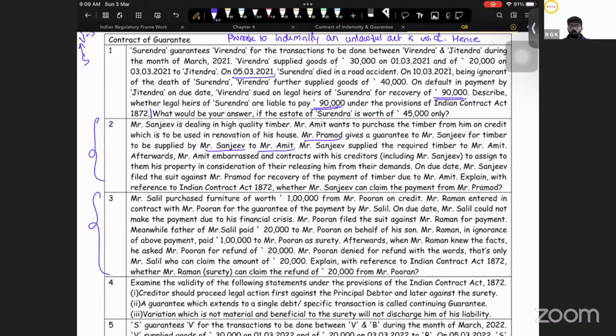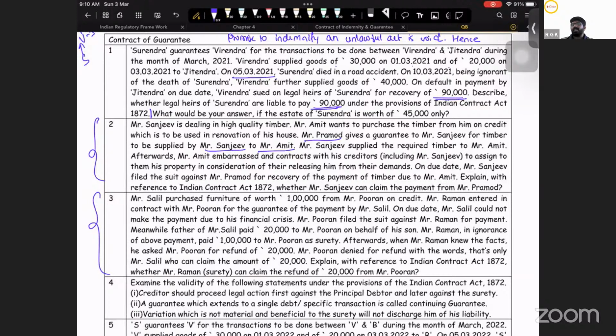So in this case, when father of Mr. Salil pays 20,000 rupees on his behalf and Puran accepts it, Puran cannot claim that 20,000 rupees from Salil. He can only claim 80,000 rupees from Salil. Since he can recover only 80,000 rupees from Salil, even Mr. Raman, the guarantor, shall also be liable only to the extent of 80,000 rupees.